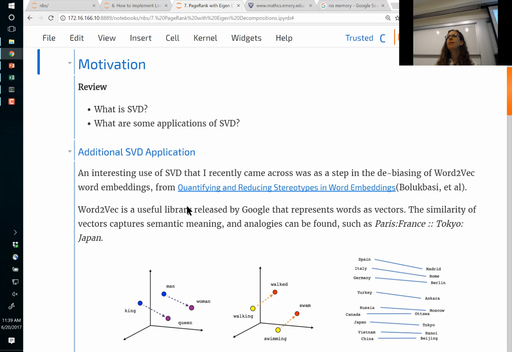Other applications? There's one we spent an entire week on. Yeah, background removal.